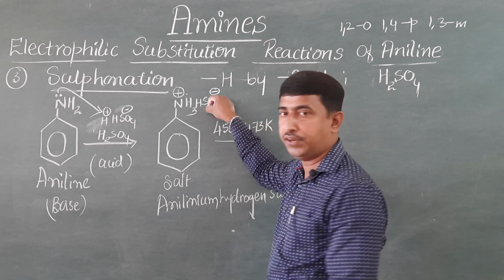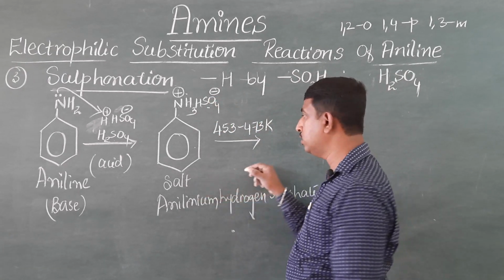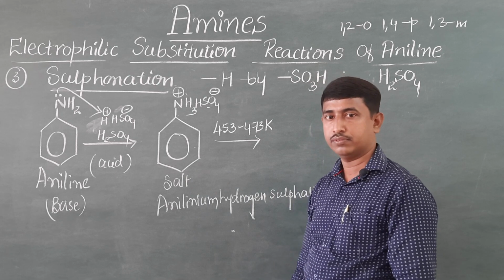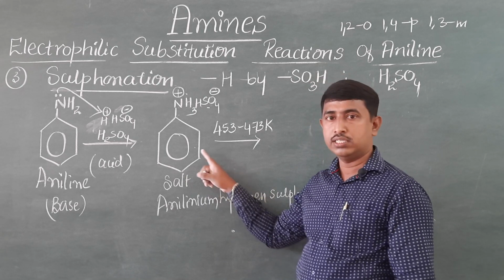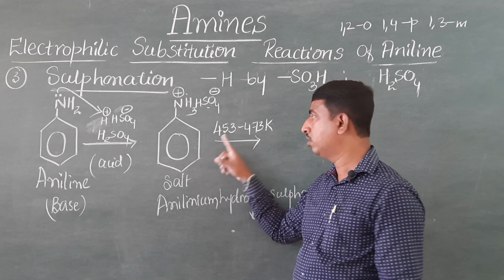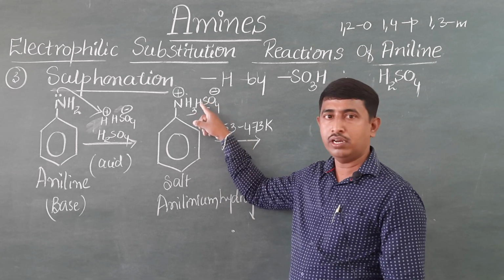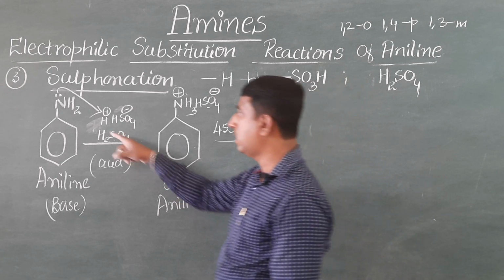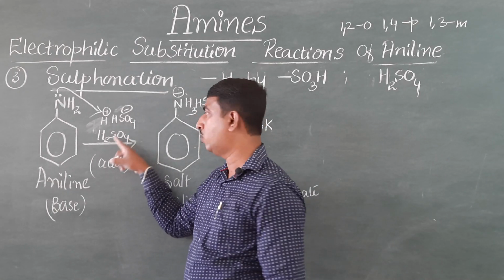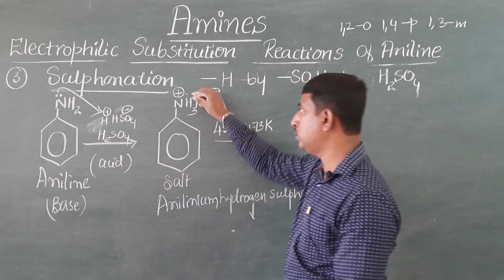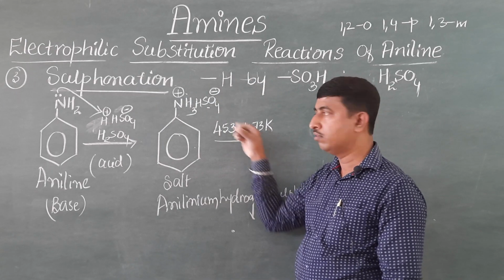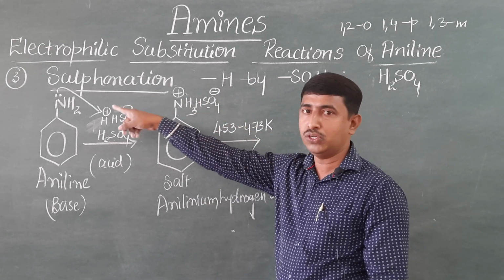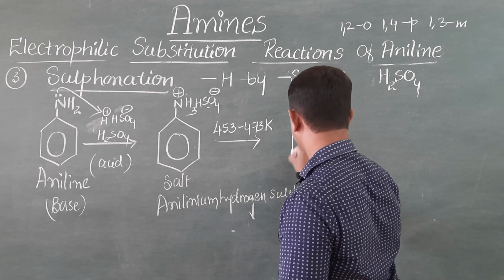Due to that sulfuric acid, sulfonation occurs at the para position. Hope you can follow this. This is aniline hydrogen sulfate. Upon heating, the added species will be removed. What is added? H plus and HSO4 minus, or H2SO4. So H2SO4 will be removed, and once again this group will be converted to NH2 only.